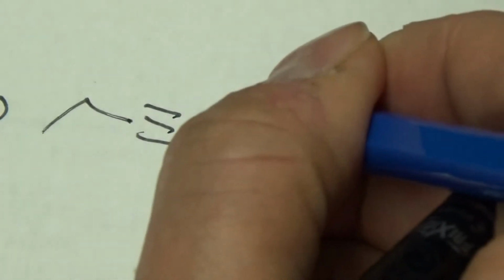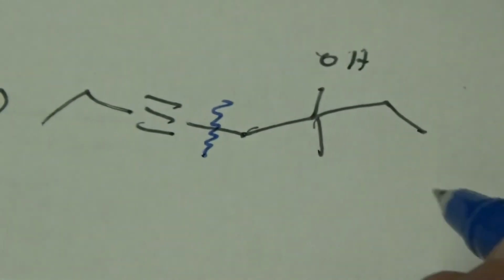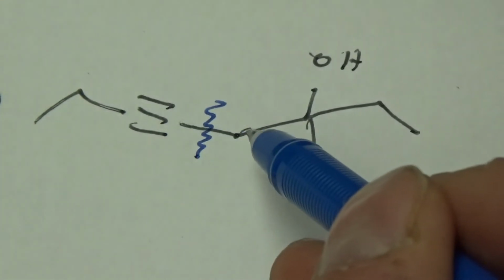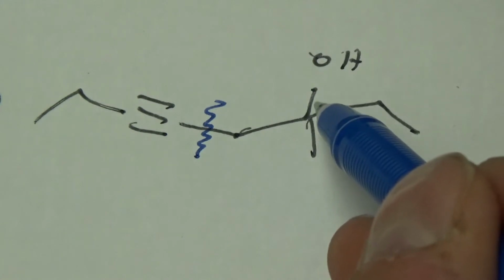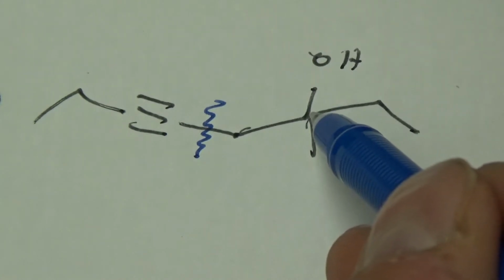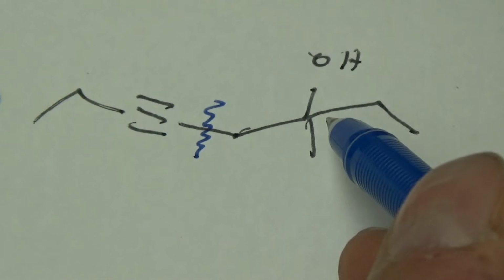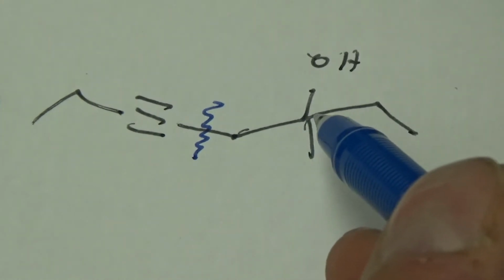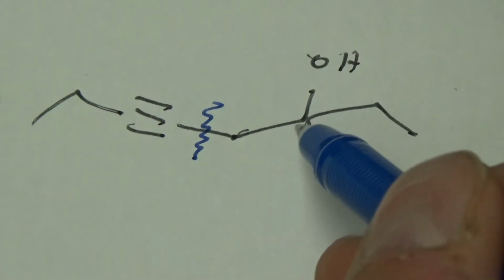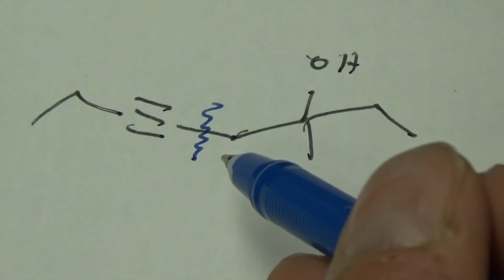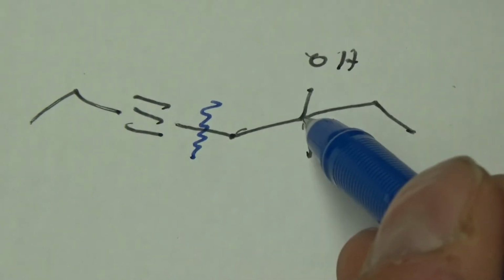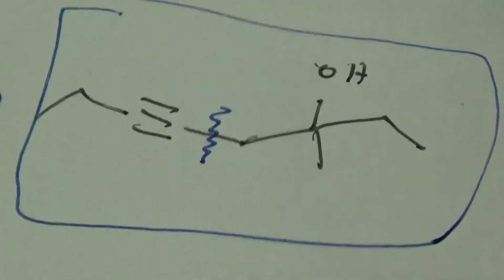Squiggly line is right there, and the relationship of the squiggly line, because that's the bond that was created, to where the OH is, suggests the nature of the electrophile, right? Did we attack a ketone, an aldehyde, or an epoxide? Well, of course, it should be in your short-term memory right now. We attacked an epoxide, and part of the way we know we attacked an epoxide is the squiggly line is 1 carbon away from the OH. Okay. Cool.